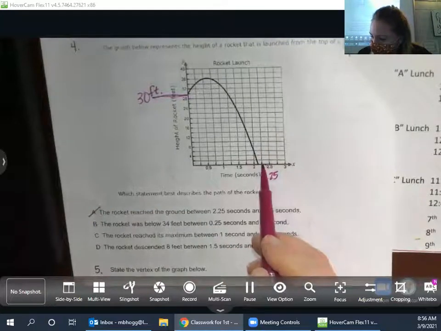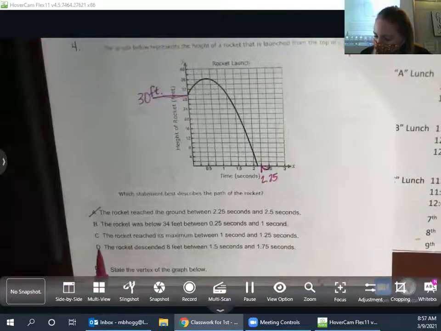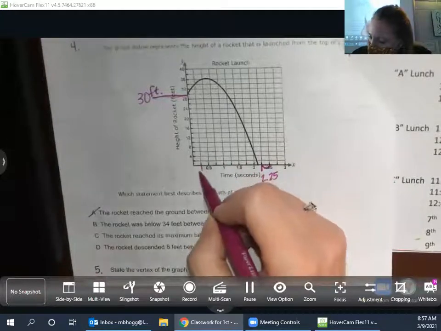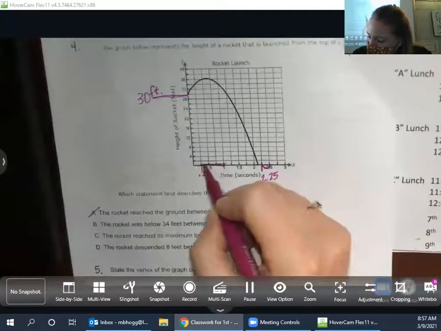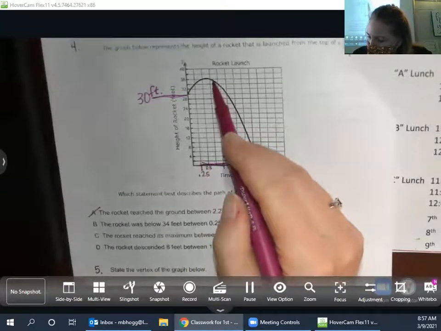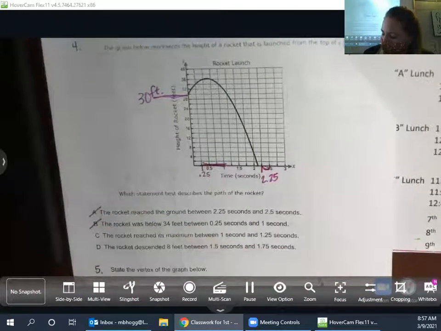It would have to go in here, and it reached the ground before that. The rocket was below 34 feet from 0.25 seconds and 1 second. So this is 0.25 and 1. This range right here. Was it below 34 feet? Nope. It was higher than that. The rocket reached its maximum between 1 second and 1.25 seconds.